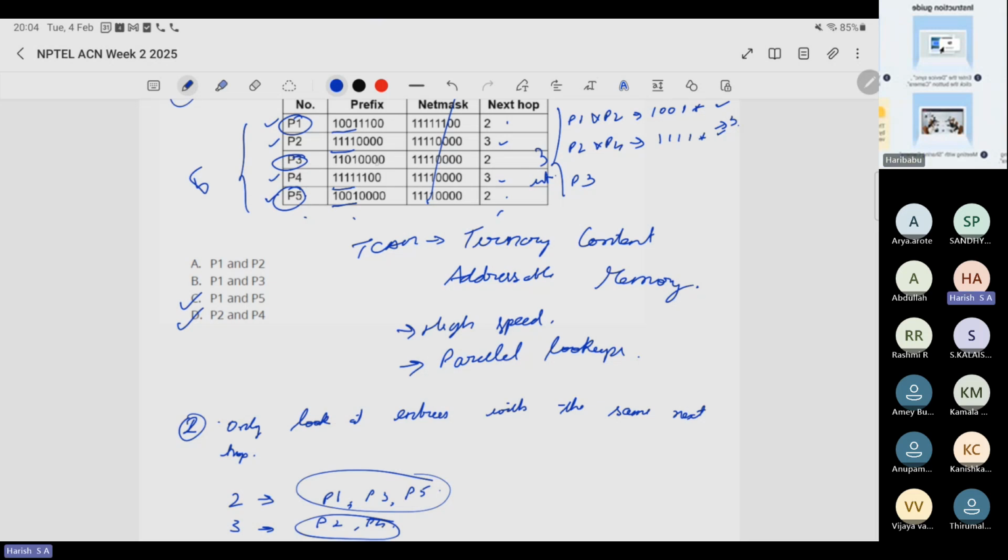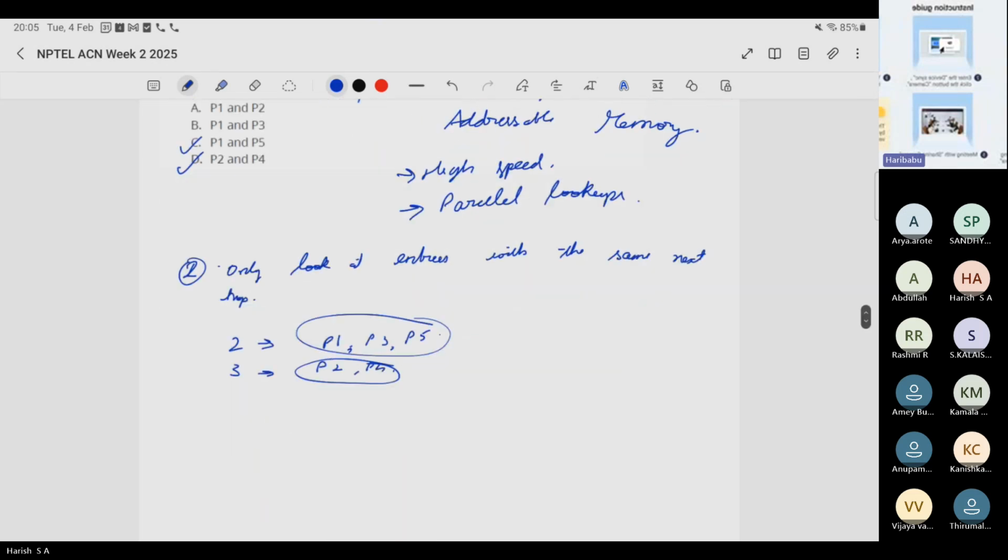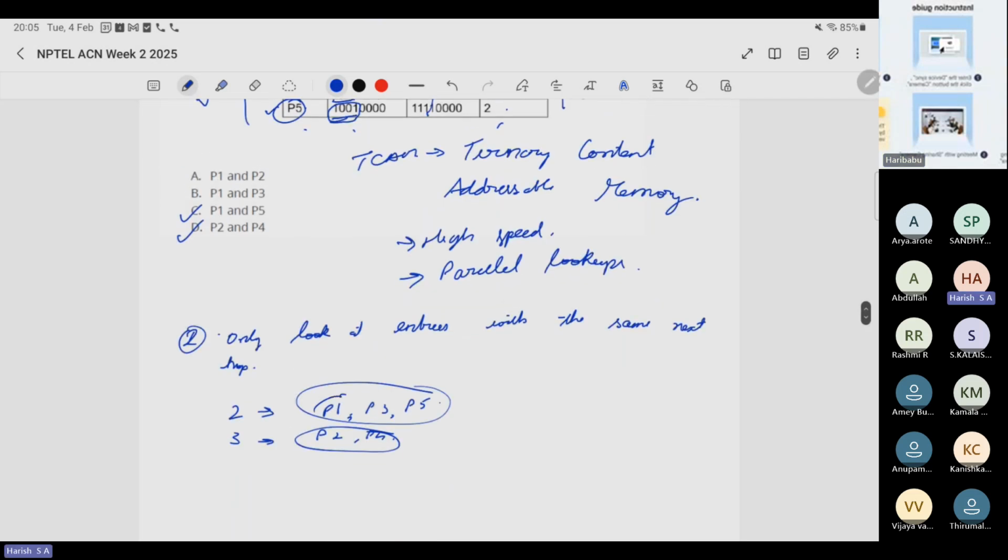So the only common aspect here is the first 4 bits, and that's it. Now, because the first 4 bits are the same, you can say I'm merging P1 and P5.